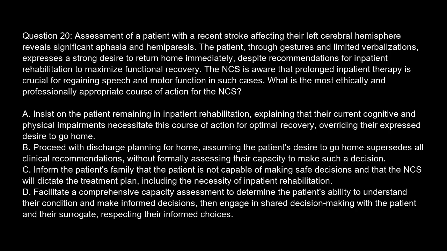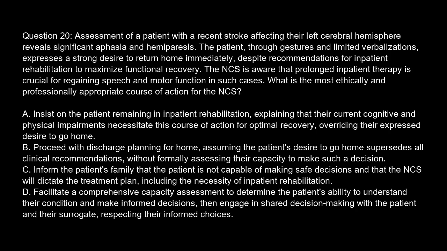Option A. Insist on the patient remaining in inpatient rehabilitation, explaining that their current cognitive and physical impairments necessitate this course of action for optimal recovery, overriding their expressed desire to go home. Option B. Proceed with discharge planning for home, assuming the patient's desire to go home supersedes all clinical recommendations, without formally assessing their capacity to make such a decision.